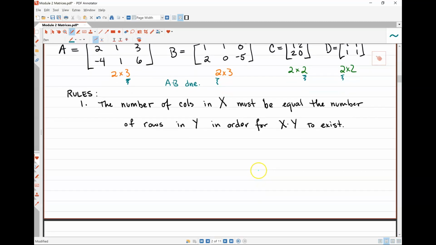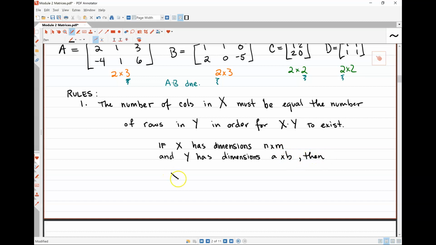And in general, if you think about X, say X has dimensions n by m, and Y has dimensions a by b, then X times Y exists. Let me draw this as a diagram.